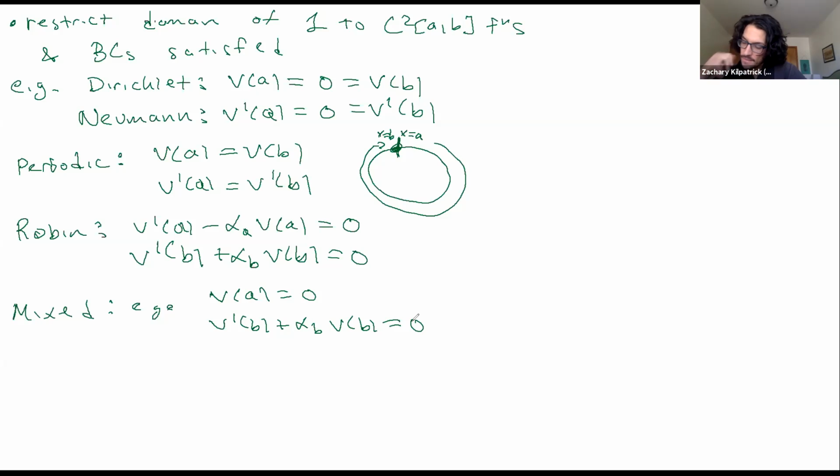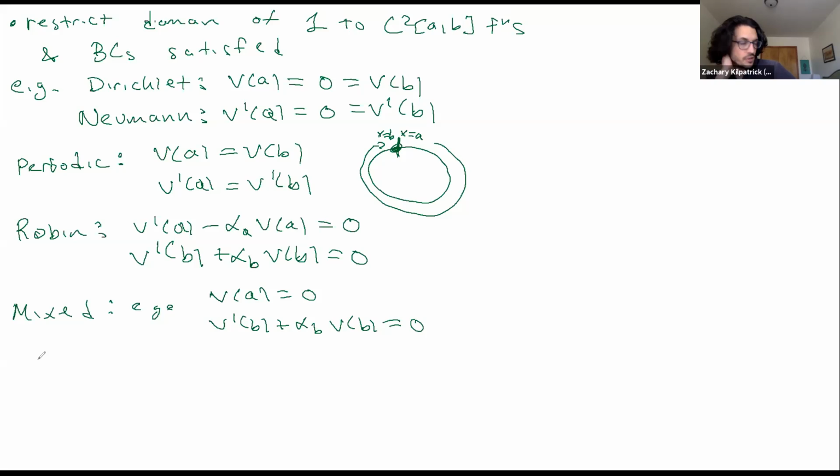Professor, for periodic boundary conditions, both Dirichlet and Neumann conditions should be satisfied, right? Compulsorily. Yeah, but not 0. If you're really dealing with a periodic domain, then you're going to expect to have those together, if you want to have a C2 function.